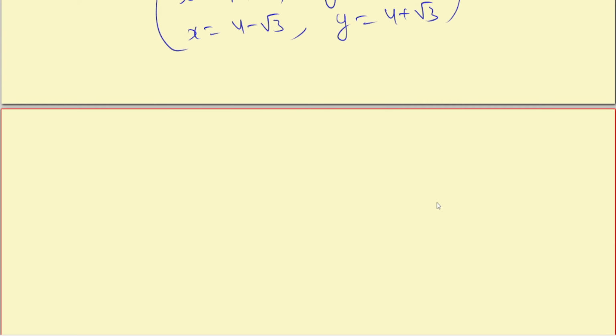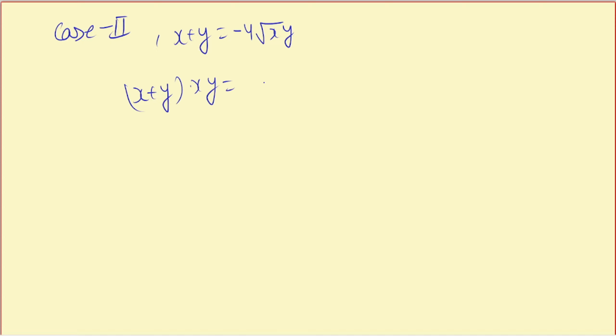Okay, now consider case 2, when x plus y equal to minus 4 root xy, and we have this equation 1 as (x plus y) into xy equal to 32, and if we substitute here we get minus 4 into xy to the power 3 by 2 equal to 32.